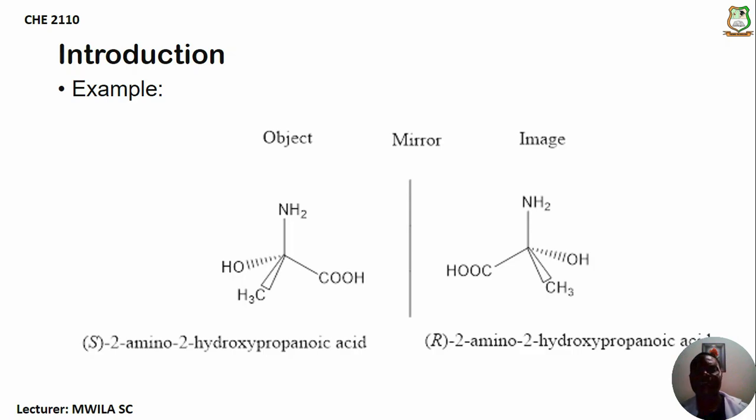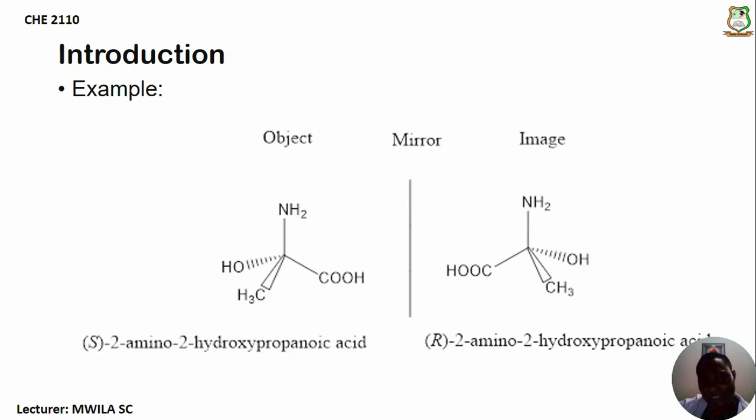We see another important aspect of stereochemistry here. If we have to do our special paper 1, they ask us to say which one of the following is different. When we look at these molecules, are they the same?